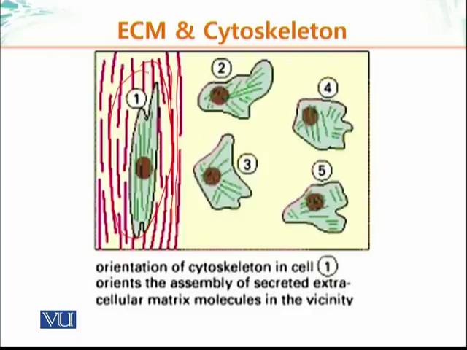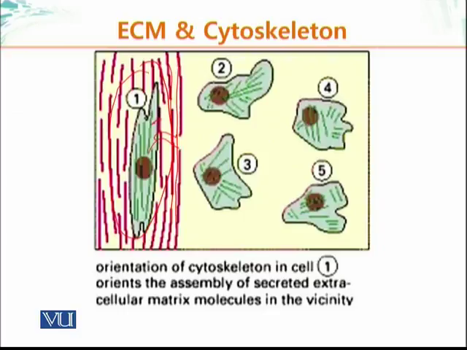Once this cell sits on it, it is going to secrete more matrix molecules, and those matrix molecules will line up in the same orientation as the cytoskeleton of the cell. So when cell number 1 produces new matrix molecules, it lines them up in the same orientation as its cytoskeletal elements.